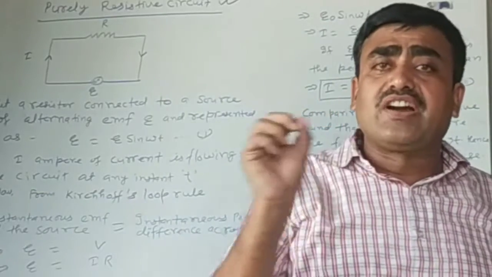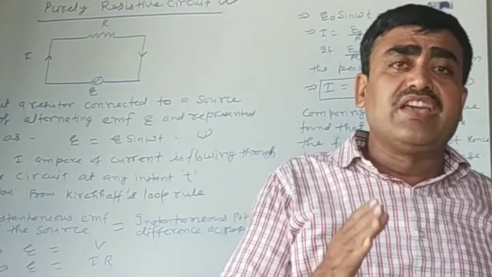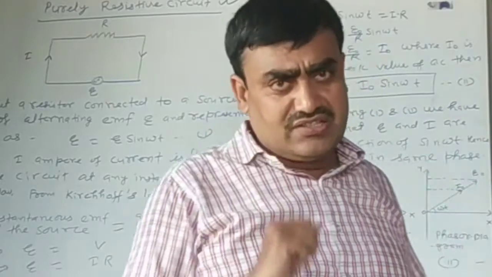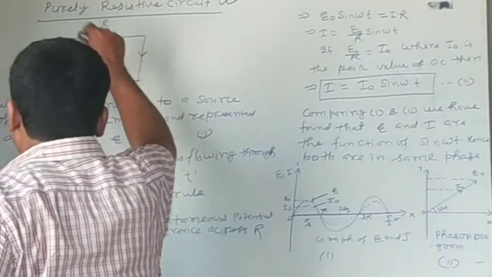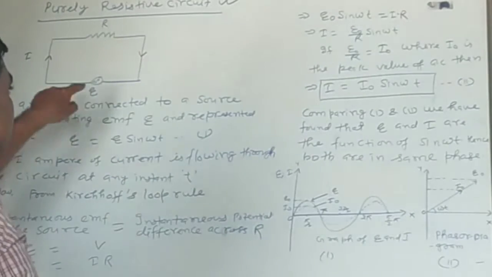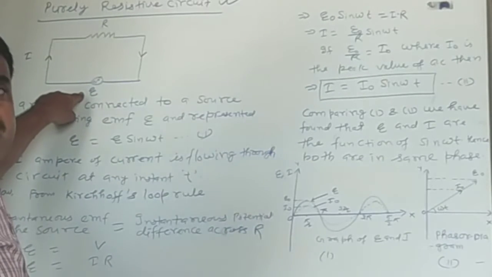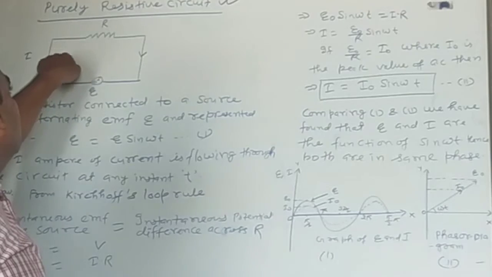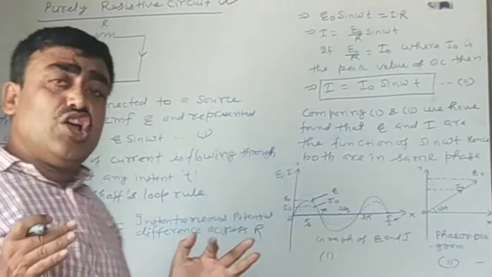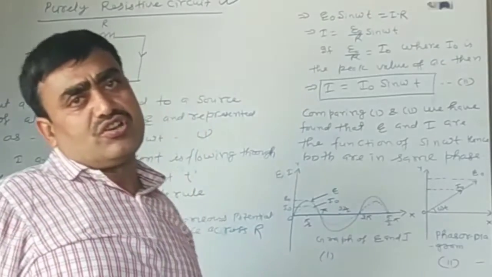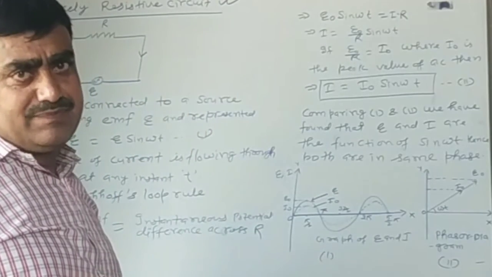KCL, Kirchhoff current law, and KVL, Kirchhoff voltage law. Here, Kirchhoff voltage law is obeyed. This is the potential difference. A product of I and R is equal to the potential drop across the circuit.